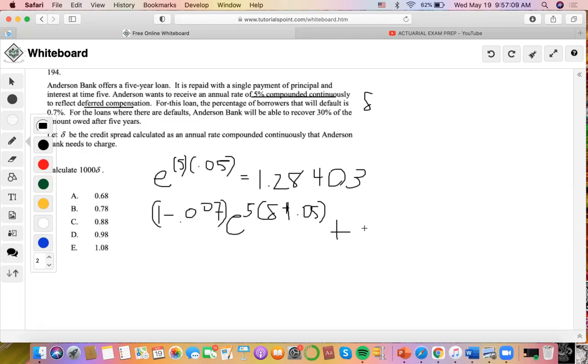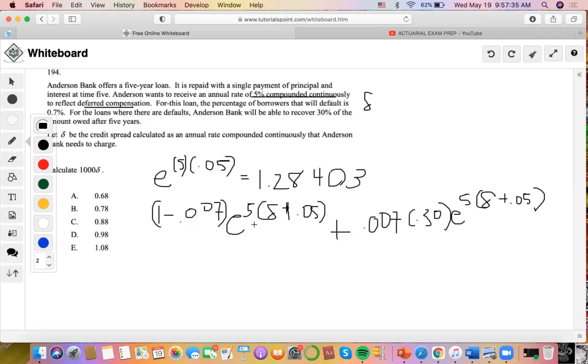So we could do the original default times 0.30 divided by 5 times the force of interest plus 0.05. Now we can set this equal to the deferred compensation so we can find the force of interest.